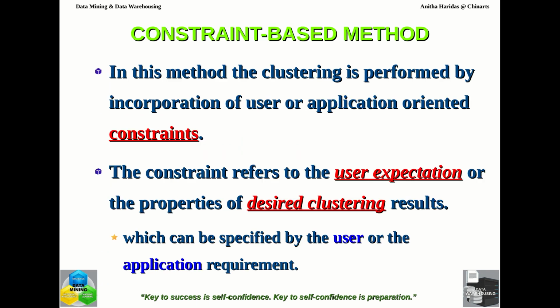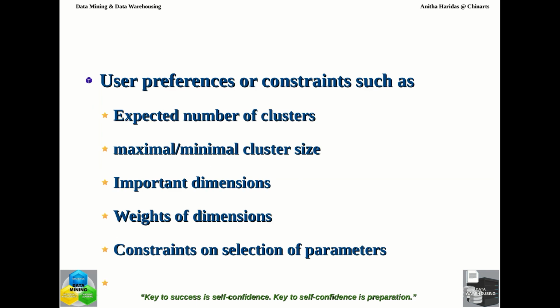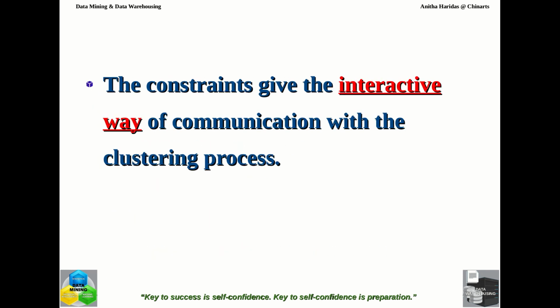So the constraint refers to the user expectation or the properties of the desired clustering results, and these constraints can be specified by the user or by the application. Then you call it the constraint based method. So the constraints give an advantage of having an interactive way of communication with the clustering process.